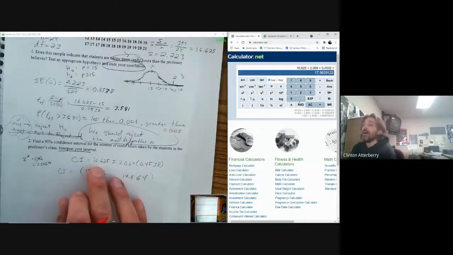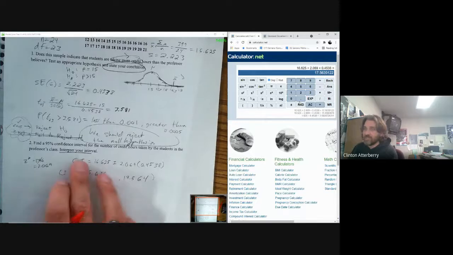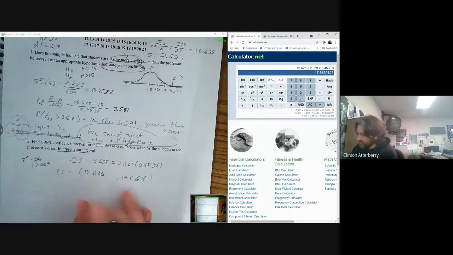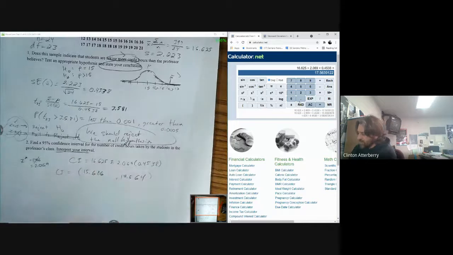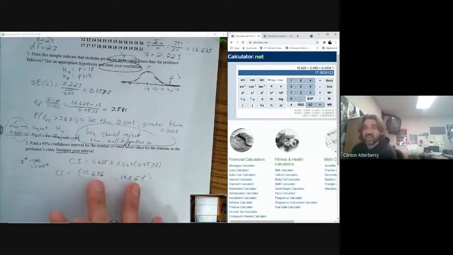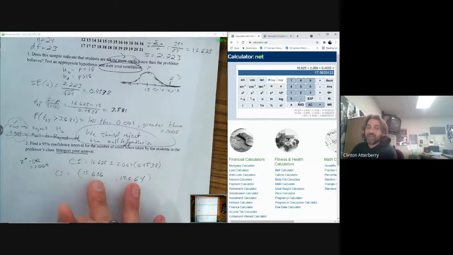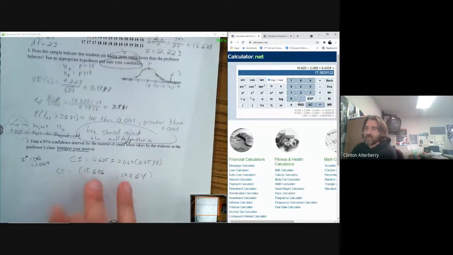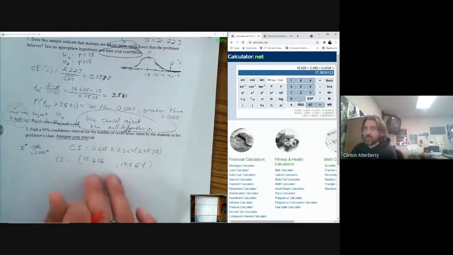And for the actual average of all 250 students, I know 16.6 is probably not the perfect true average, but I think I'm close. And I'm 95% confident that it's between these two numbers. What I mean by 95% confident is if I did this test 100 times, 95 out of those 100 times should capture the real amount somewhere around these numbers.